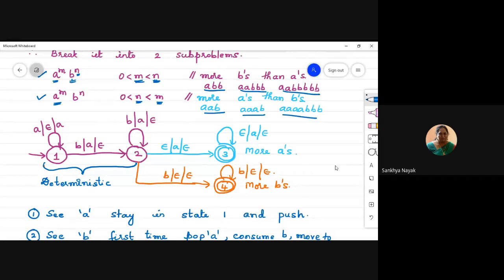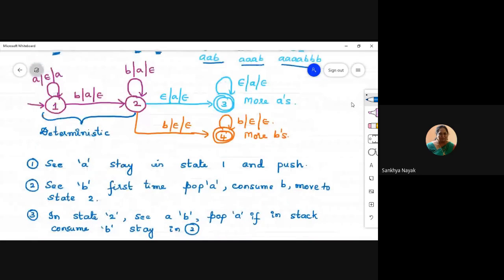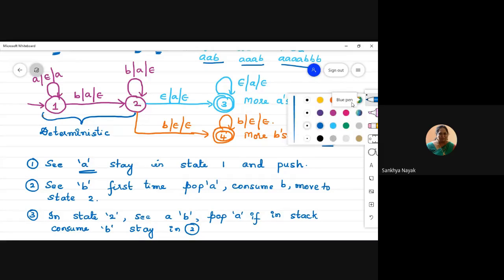The logic we implemented was based on how we know to design for A power N, B power N. All A's should be pushed into the stack, and when B comes, you have to pop. Only thing is here they are not equal. So if you see A in the input, we stay in state 1 and push all A's.